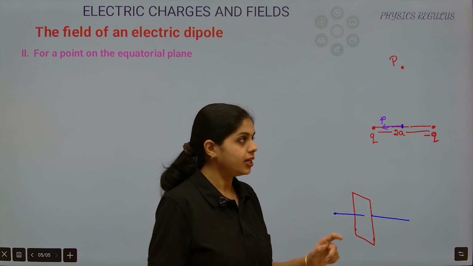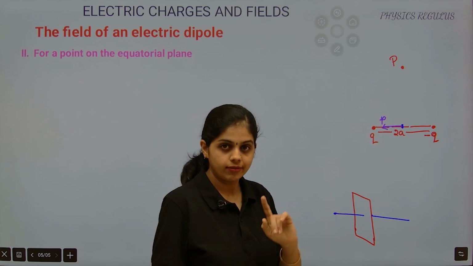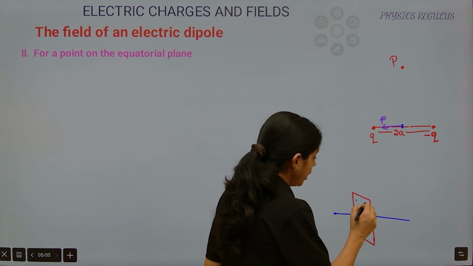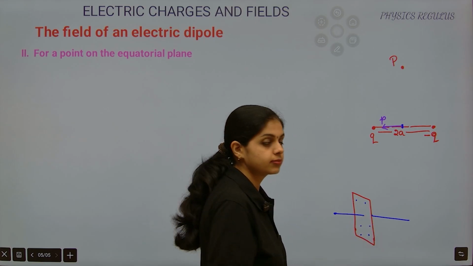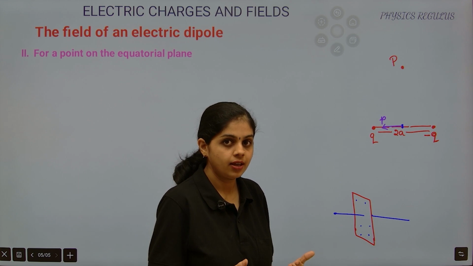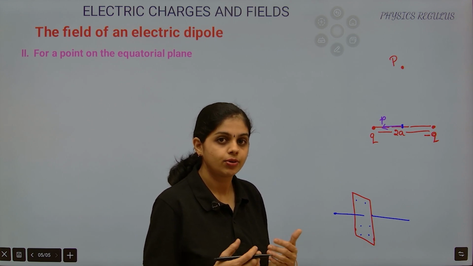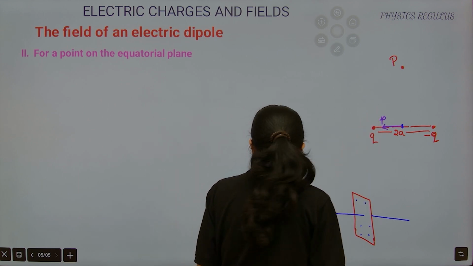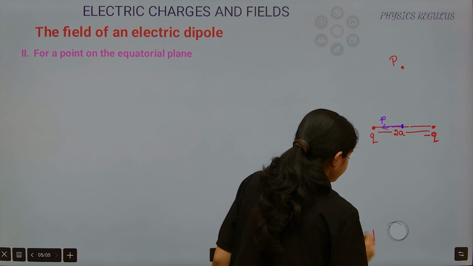The point may be anywhere on the plane. So it is better to say equatorial plane rather than equatorial line. So point P is on the equatorial plane.